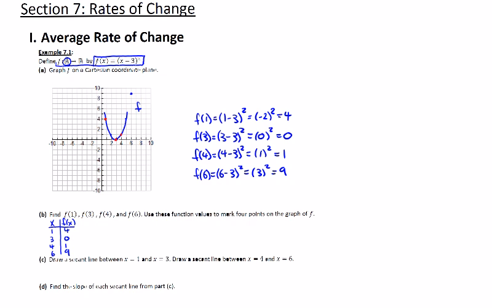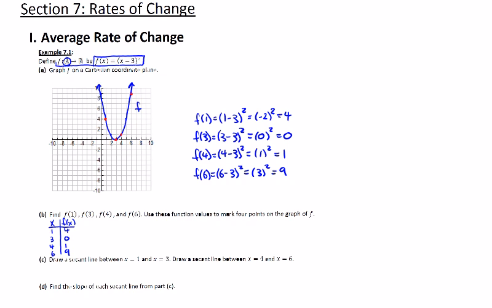And I'll put another point over here at 0, 9. Then that'll complete the parabola shape over that whole window. So that's a more accurate picture of f. And let me go back and mark the point at 6, 9. There we go. So that's part B. Part B is just looking for some function values.